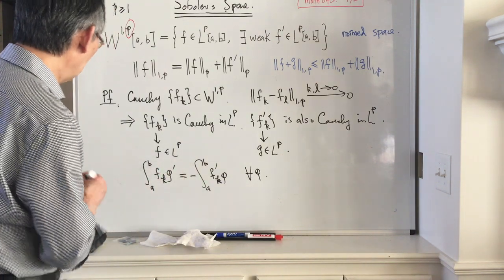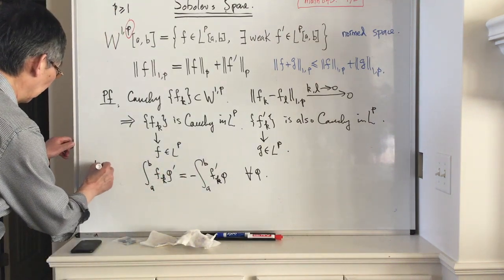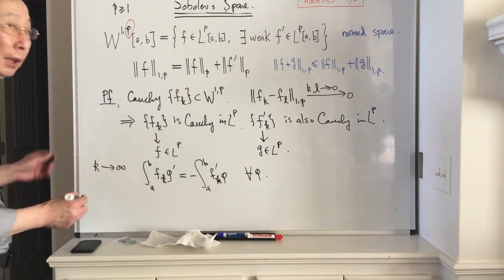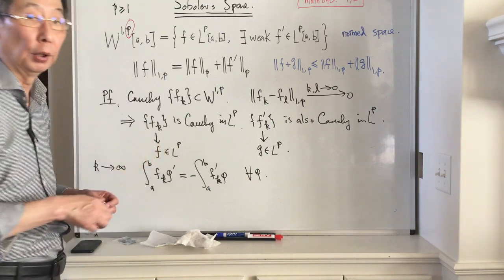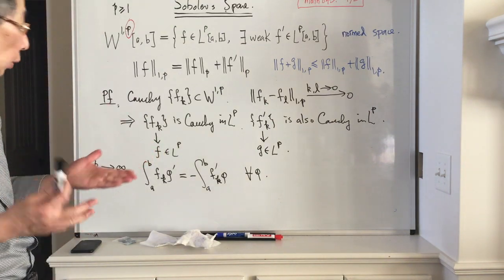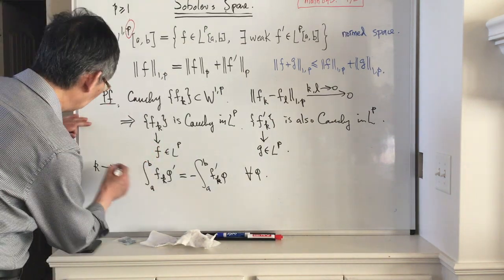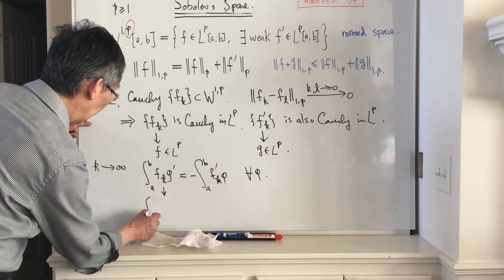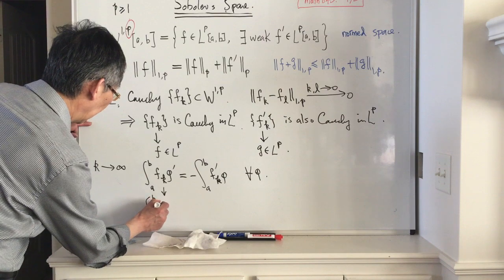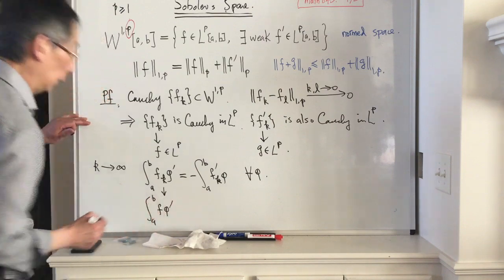So if we let k go to infinity on both sides, since f_k goes to f in L^p, using the Hölder inequality it's very easy to show that the left side goes to the integral of f times phi prime.